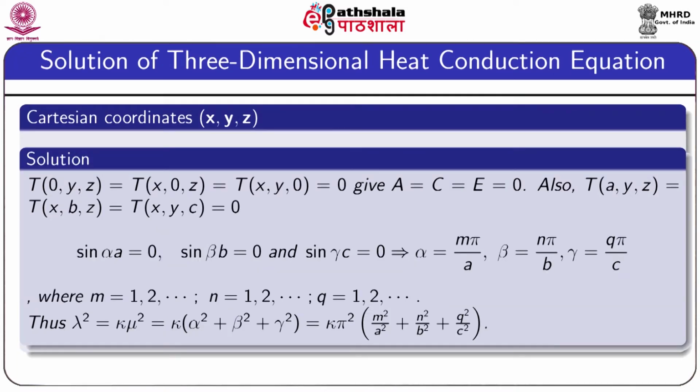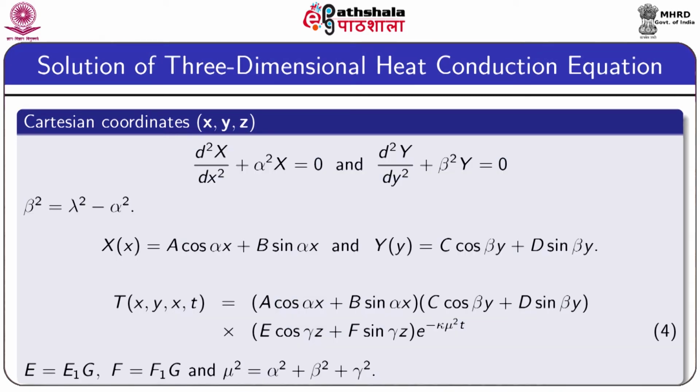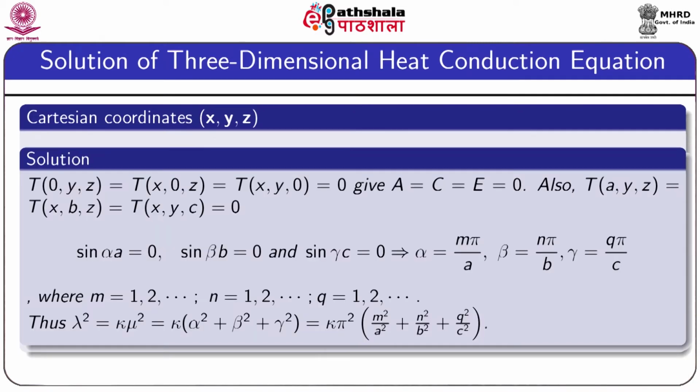To solve this problem, we need to go back to the general solution of the heat equation, which is written in equation number 4. So we know the solution of the heat equation in Cartesian coordinates. Now we need to find the values of the arbitrary constants A, B, C, D, E and F for this particular problem.